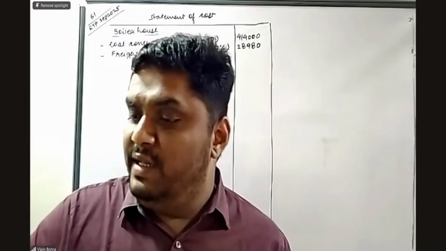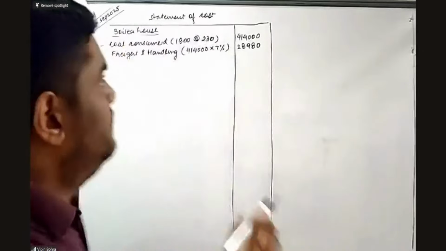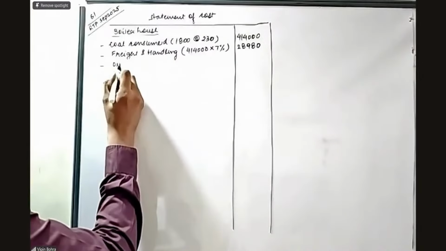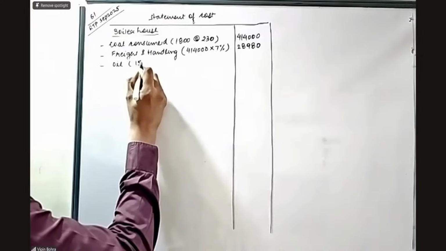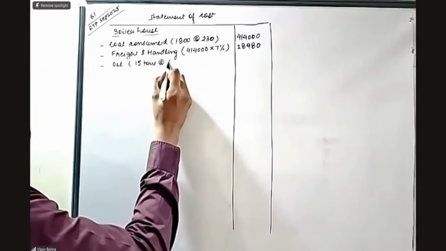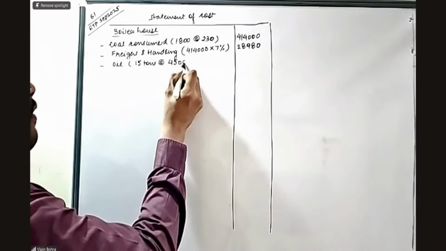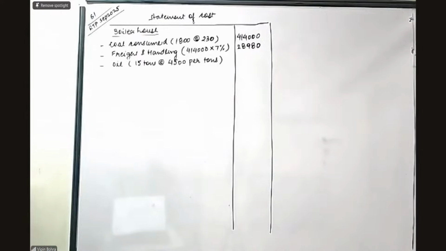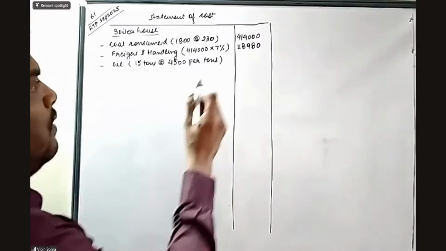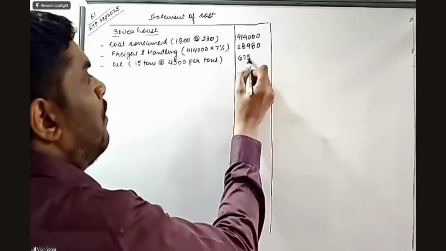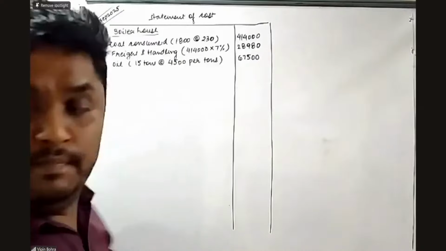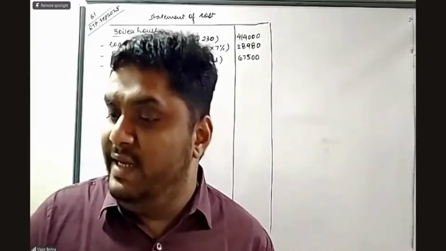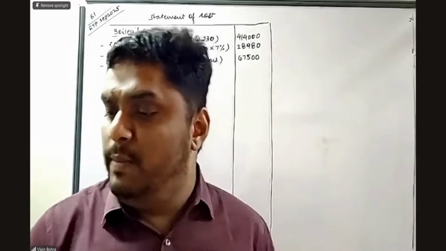Oil is 15 tons at the rate 4,500 per ton. Water is 80,000 liters at the rate 0.07 per liter.